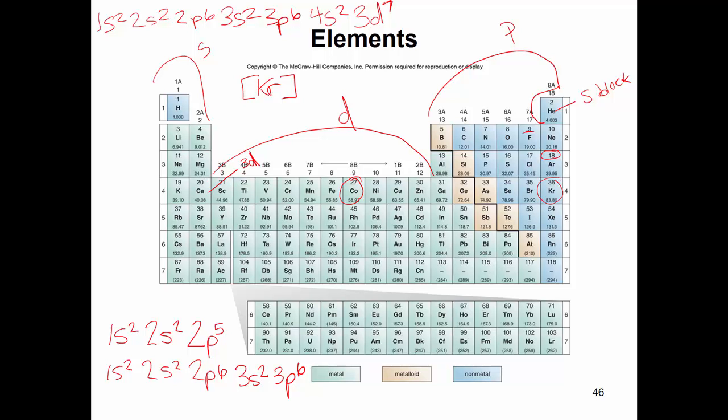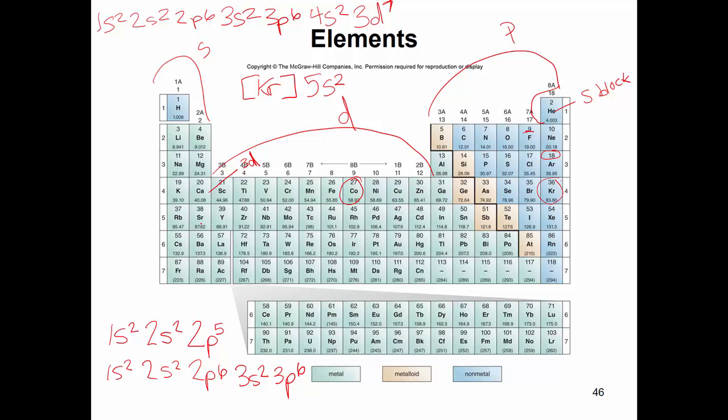So all the 1s2, 2s2, 2p6, that stands for everything before. Okay, and then I just have to finish it out for what I'm looking for. So if I go right here, I'm in the 5s2. Okay, so here's my krypton, so it includes everything before it.